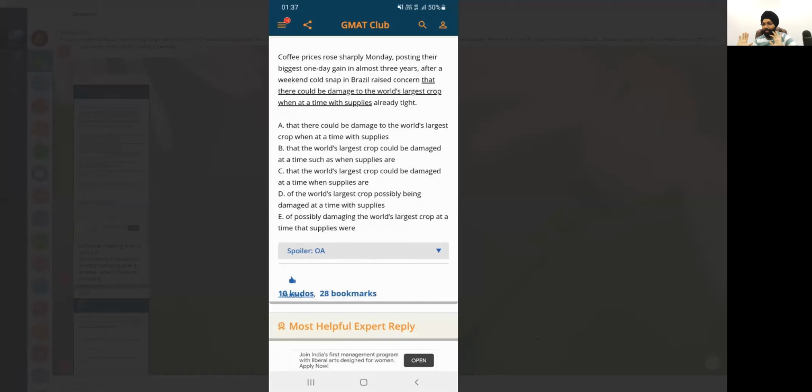First of all, we need to understand it. Verb-ing here is acting as a gerund or a noun. Gerund is just a technical word for when verb-ing is acting as a noun. So you have a concern of possibly damaging the world's largest crop. So yeah, the concern is of damaging that crop.